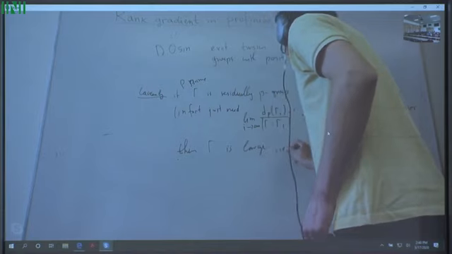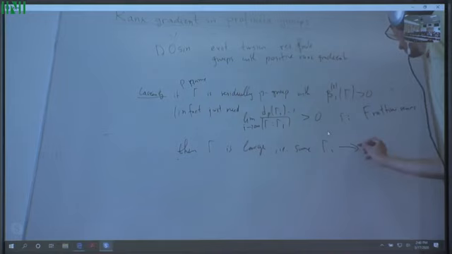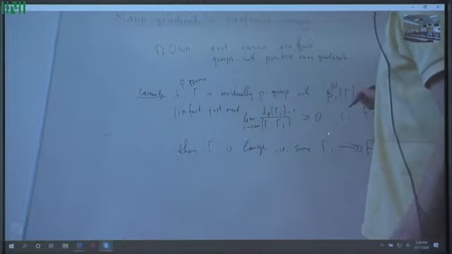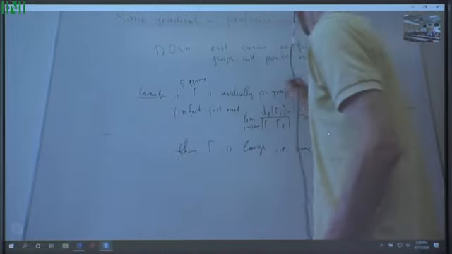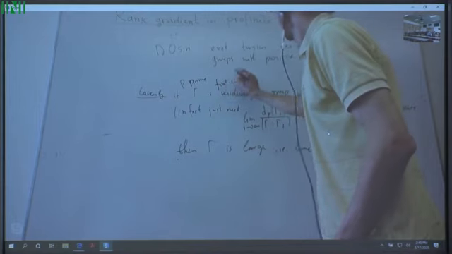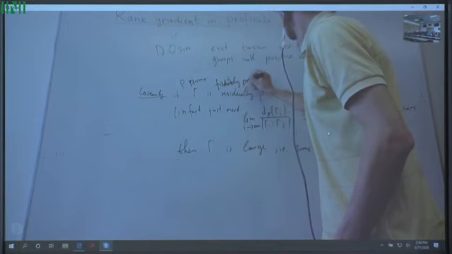More precisely, some gamma_i maps onto a free group, maps onto F2. So the group virtually maps onto a free group. I forgot something very important: that gamma is finitely presented.